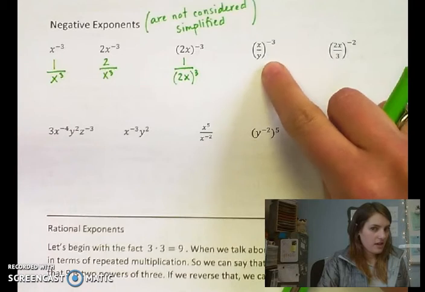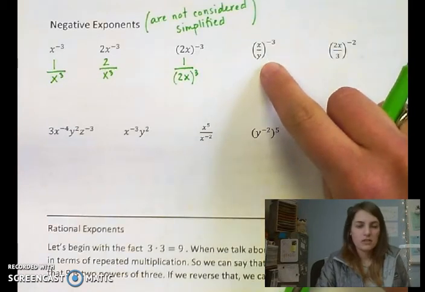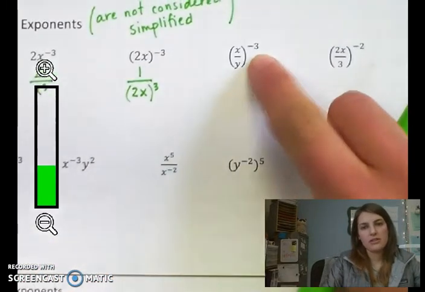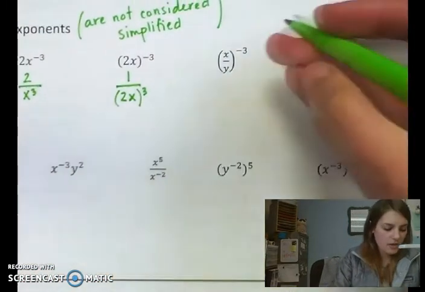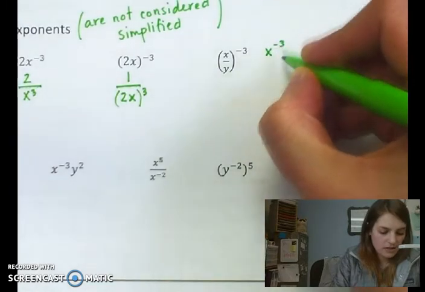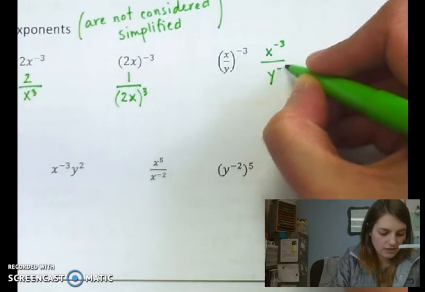When you have a fraction raised to a power, you need to apply the power to the top and the bottom of the fraction. So one way to think of this is x to the negative 3 over y to the negative 3.